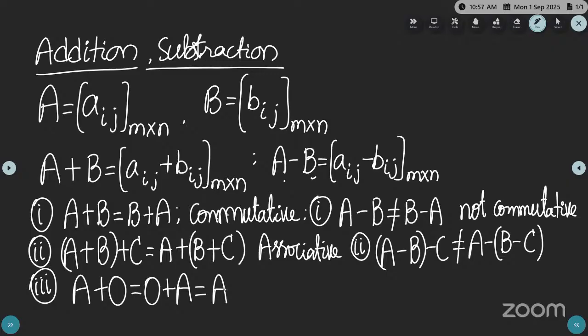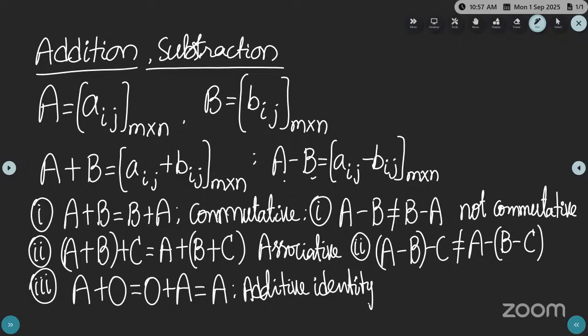Where 0 is the null matrix of the same order as that of A. And here 0 is called the additive identity. This null matrix is known as the additive identity.